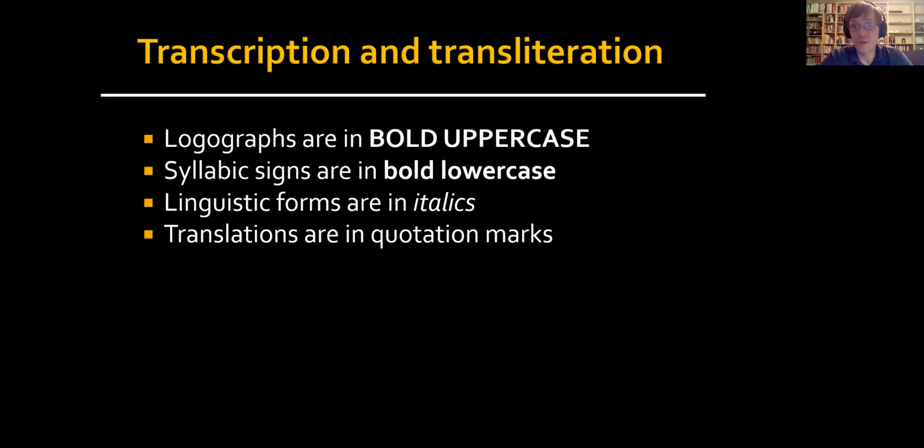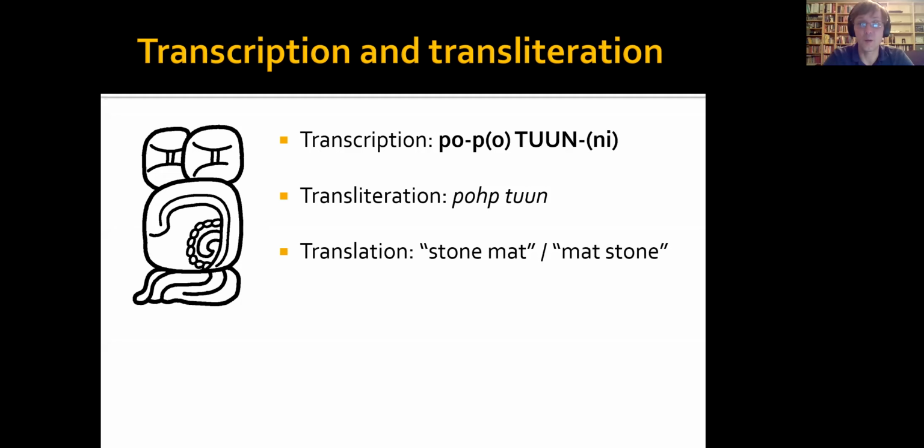So we show logograms in bold uppercase. We show syllabic signs in bold lowercase. Italics is reserved for the rendering of the words as they were pronounced in the language, and then translations are given in quotation marks. So for example, here you have 2 identical pause signs.